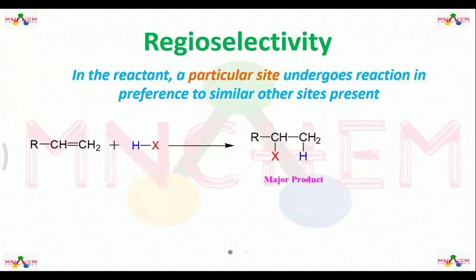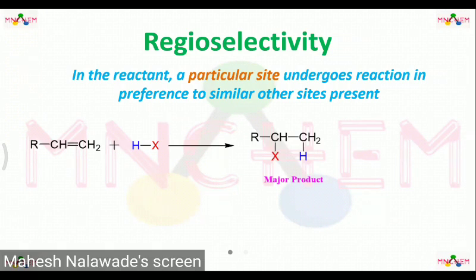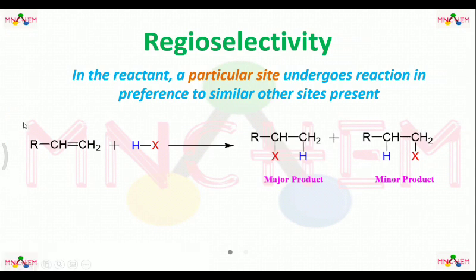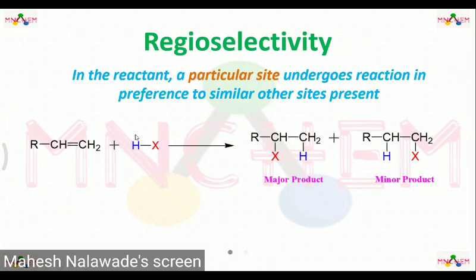The minor product is also possible, in which the hydrogen is attached to the center carbon and the halogen to the terminal carbon, resulting in the formation of the minor product. So this addition of halo acid to an unsymmetrical alkene gives the major product as per Markovnikov's rule, but the minor product is also possible.